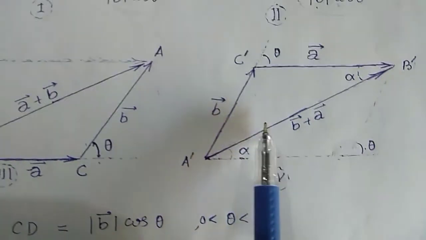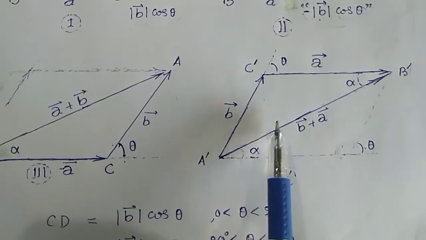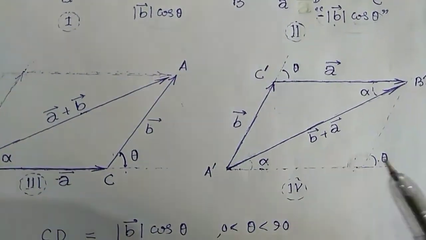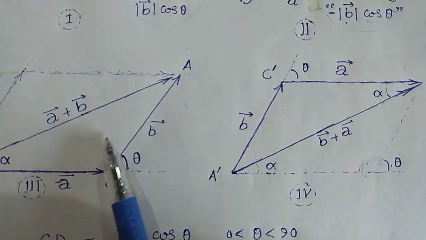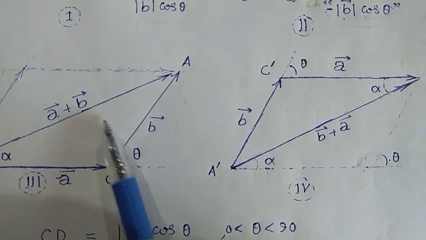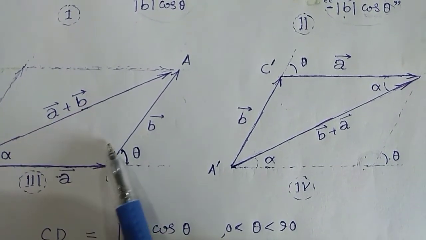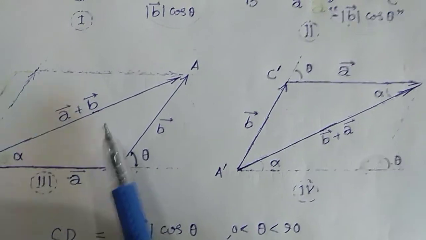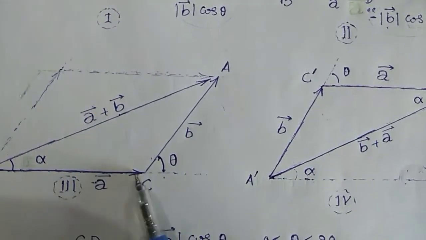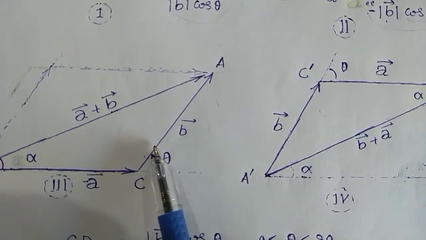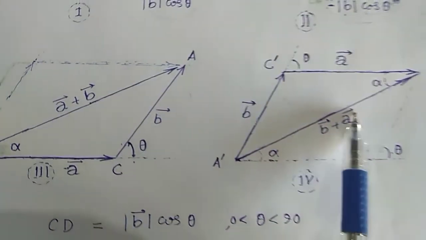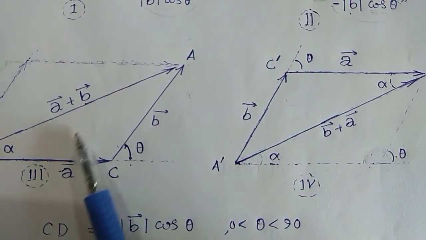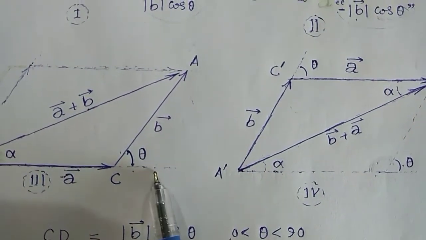There is no existence of the parallelogram law here, though you may call it that, but it is not. Observe clearly in your minds and fix it: it is due to the triangle law, not due to the parallelogram law of addition.